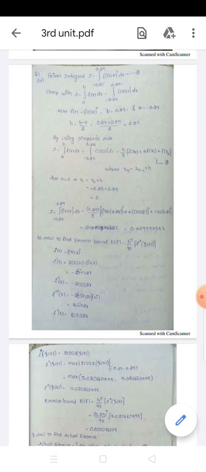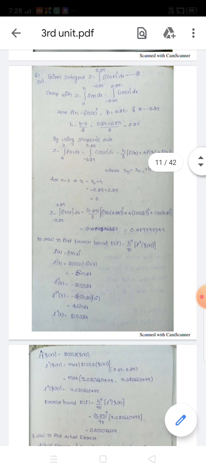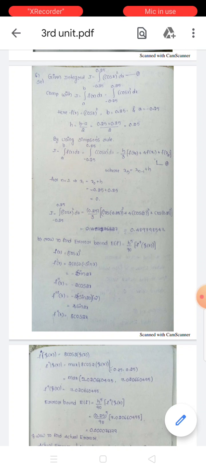Therefore I is equal to the integral from minus 0.25 to 0.25 of cos x square dx equals h by 3, 0.25 by 3 into cos of 0.25 square plus 4 into cos of 0 square plus cos of 0.25 square.